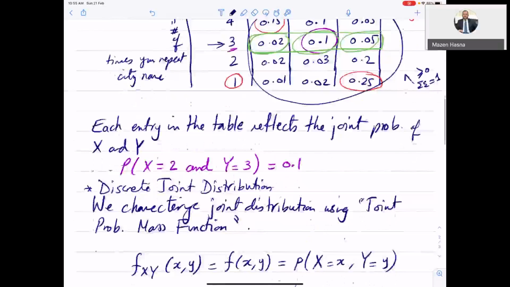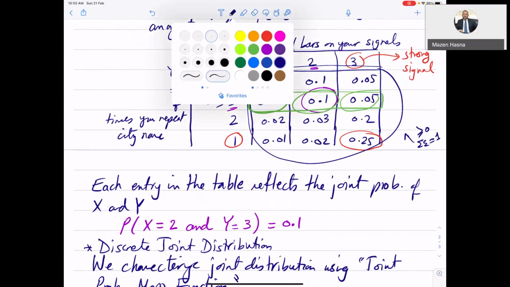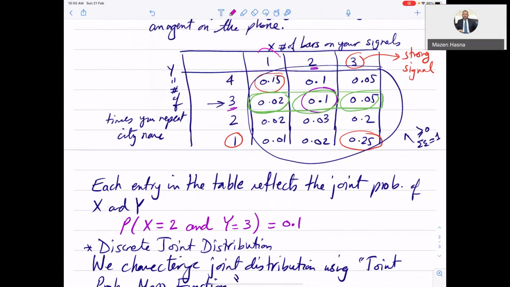So 1 bar on your phone, it means that you have to add 4 probabilities. This is 1 bar when y is 1, and y is 2, and y is 3, and y is 4.